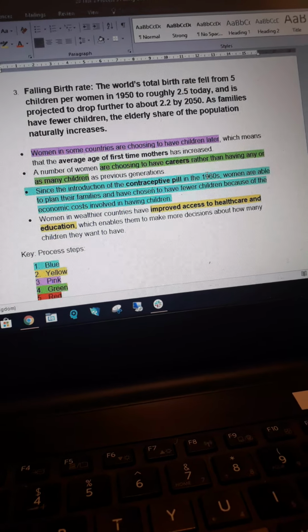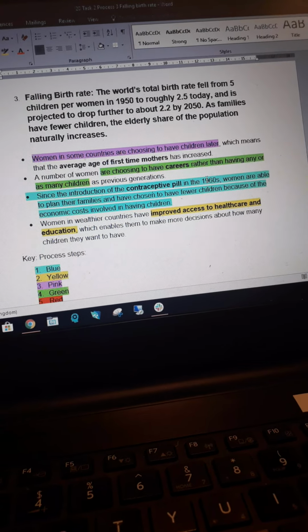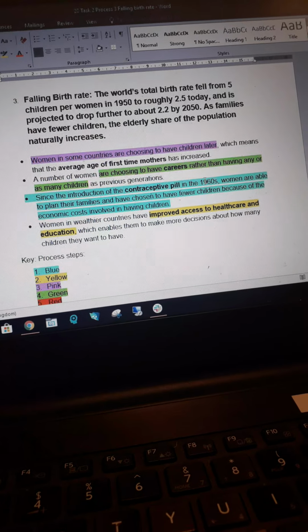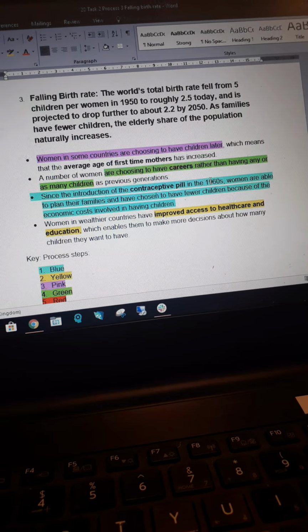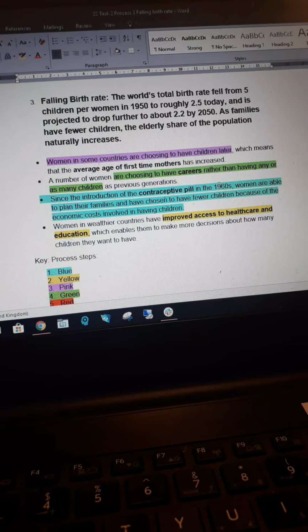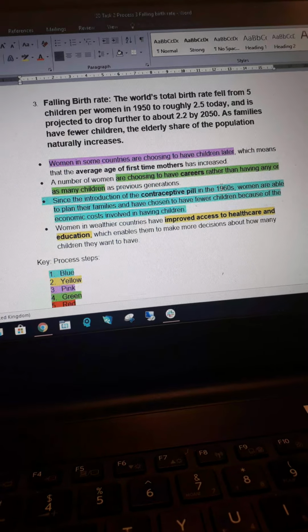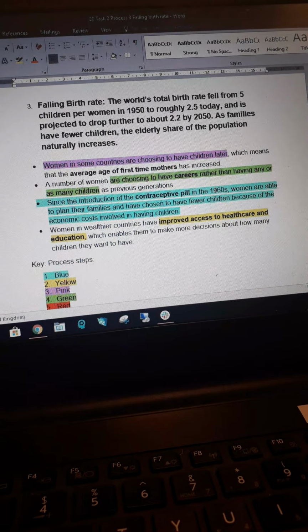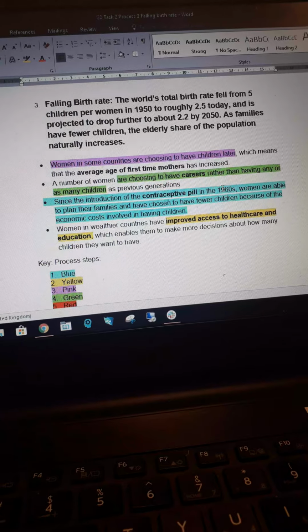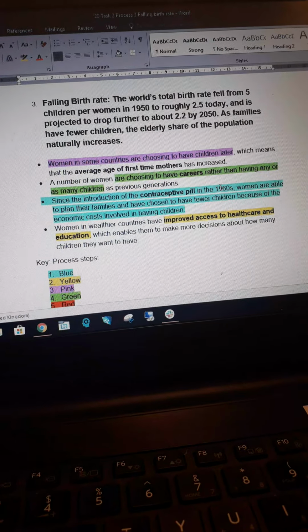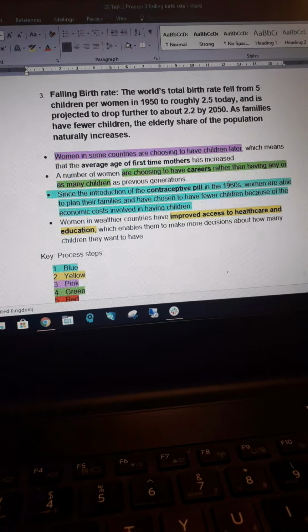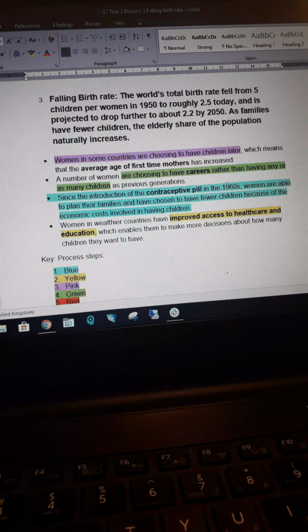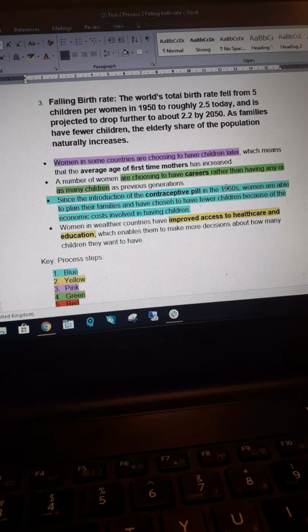So the average number of children people have is far less now than it was in 1950. Why are women having less babies? That's the process. And because there are less children being born, that means the proportion of elderly in our population is higher, all right?